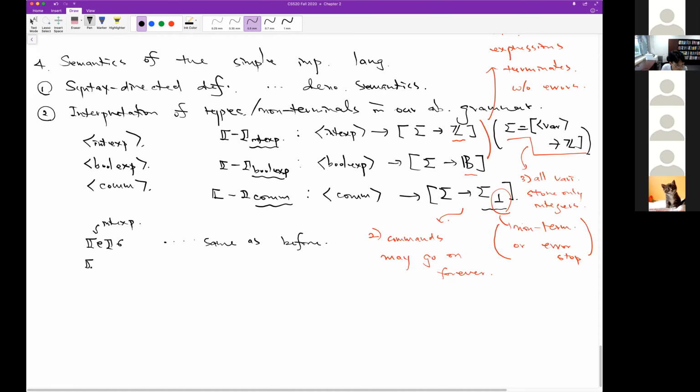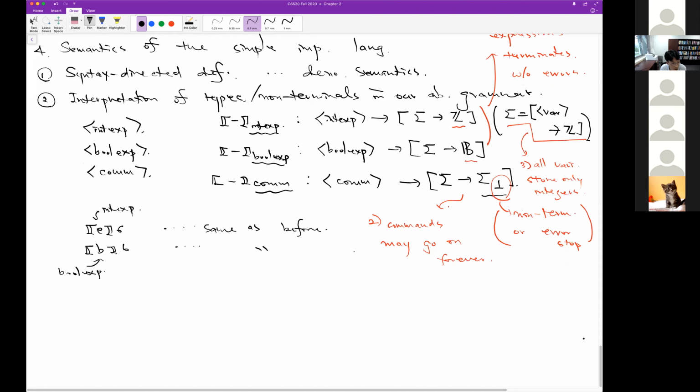And for Boolean expressions, this is again the same as when we talked about the semantics of predicate logic, so we are not going to talk about this. Also, you can reconstruct these definitions very easily. It's just a syntax-directed, simple inductive definition. If it hits the base case, which is variables, that's when we use the state to look up the value.